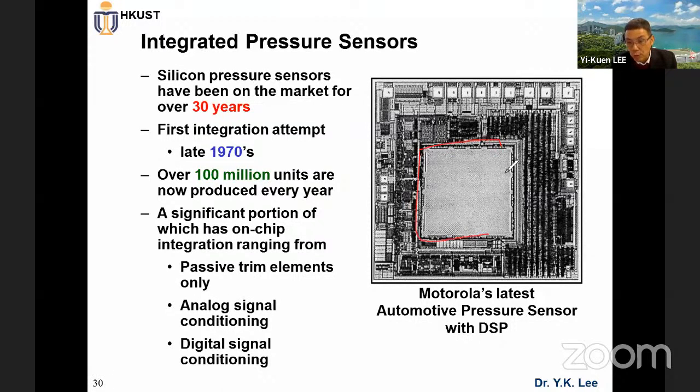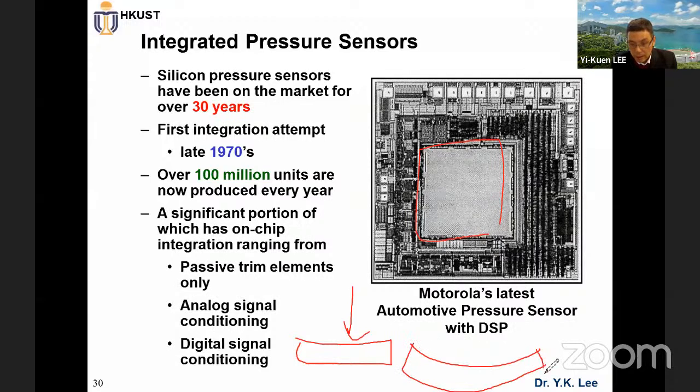For the real pressure sensor, it's now not only the very thin diaphragm. This is the top view, right? On the previous slide we showed that once pressure is applied we get deformation here, right? Then we integrate electronics, analog signal conditioning circuits, and even digital circuits, because the output from the sensor is too small.